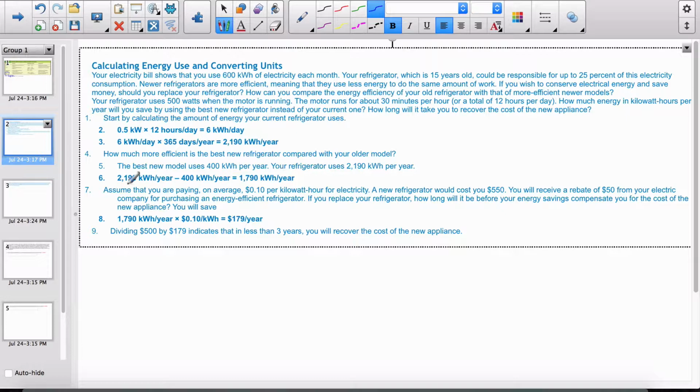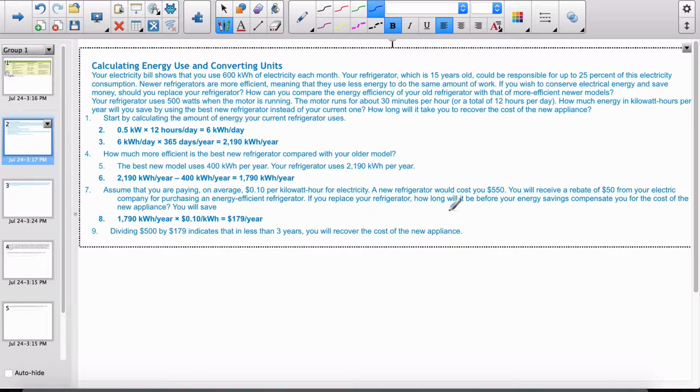What's the difference? Well, it takes the difference between the two, and it says that the new refrigerator saves this amount, this 1790 kilowatt hours per year. Now it tells you that you pay 10 cents per kilowatt hour. The new refrigerator costs $550, but you receive a rebate, so it's really $500.